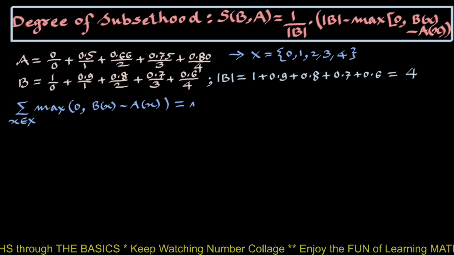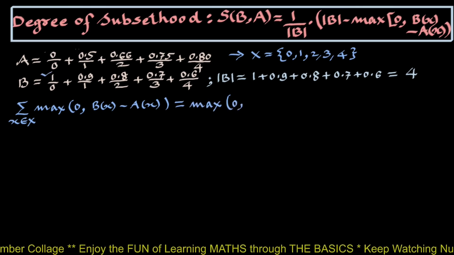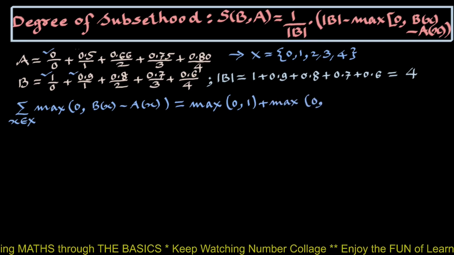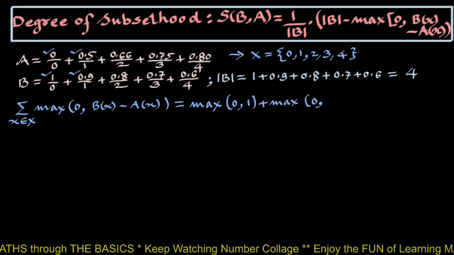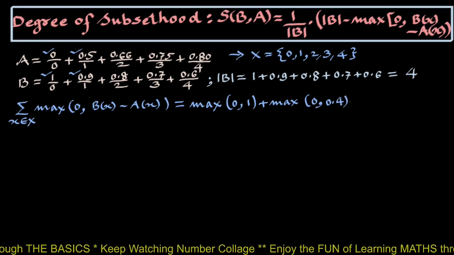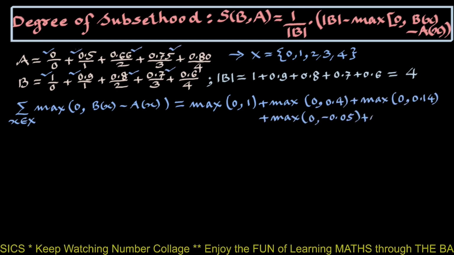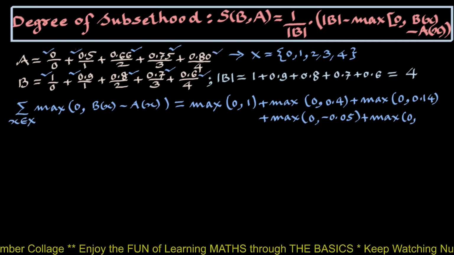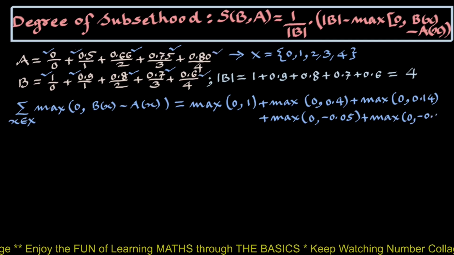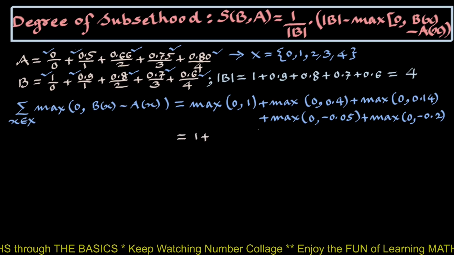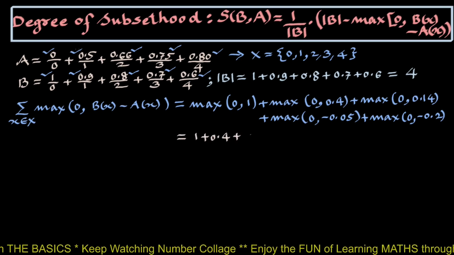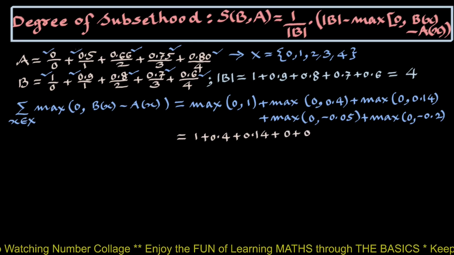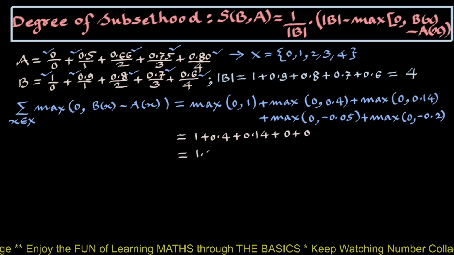This is maximum of 0 and this 1 minus 0, 1, plus maximum of 0 and this 0.9 minus 0.5, 0.4, plus etc. plus maximum of 0 and 0.6 minus 0.8, which is 0.2, which will be 1 plus 0.4 plus 0.14 plus 0 plus 0, which will be 1.54.